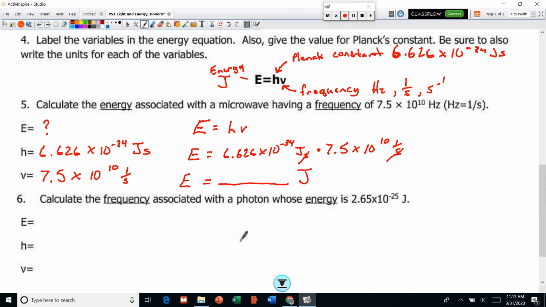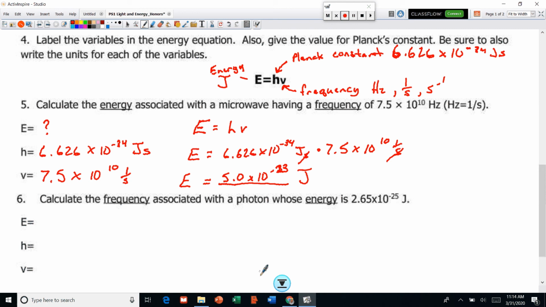All right, so pause right here. Go ahead, do your work, see if you come up with the same answer that I get. All right, if you've restarted the video, here comes the answer. You should get 4.96, or we only had 2 sig figs, so it'd actually be 5.0 times 10 to the negative 23.